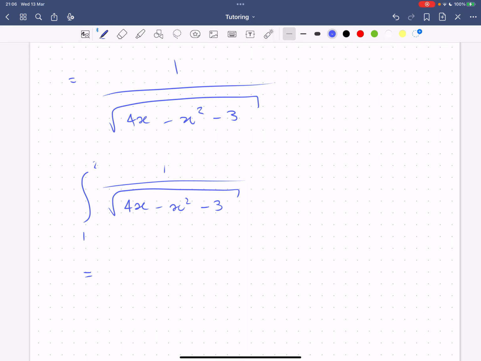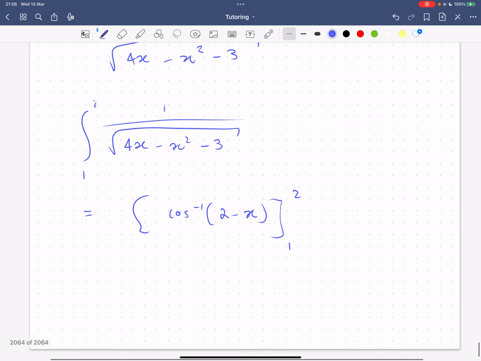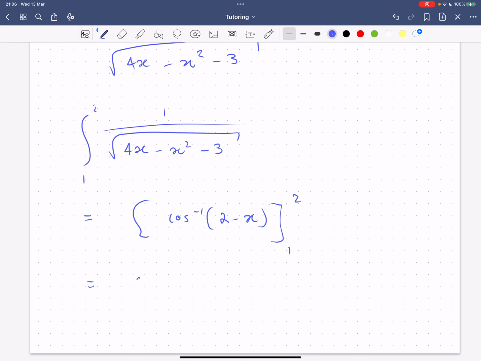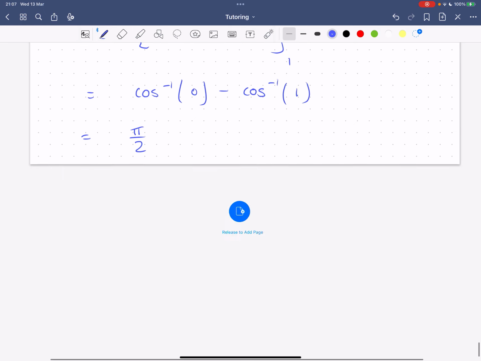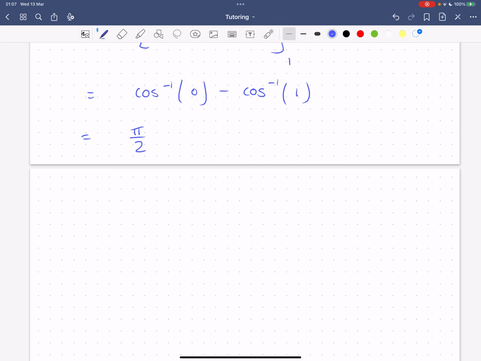So the integration of this is just going to be cos inverse of 2 minus x from 1 to 2. So that's going to be cos inverse of 2 minus 2, which is 0, minus cos inverse of 2 minus 1, which is 1. Cos inverse of 0 is pi on 2. Now cos inverse of 1 is 0. So the answer is pi on 2.